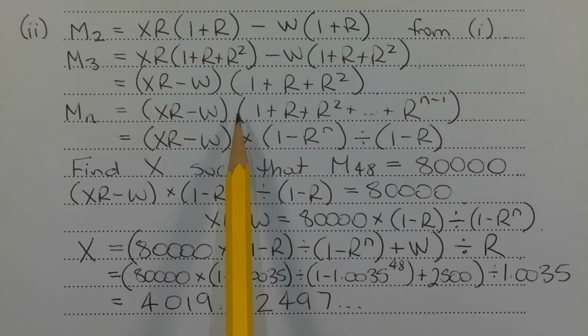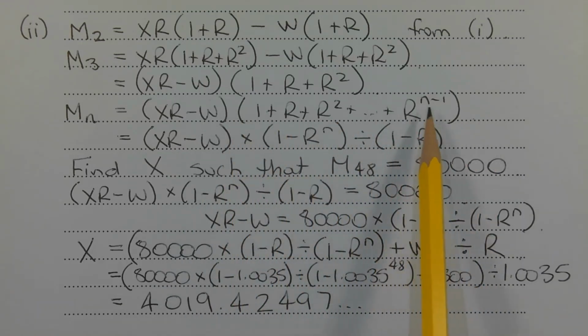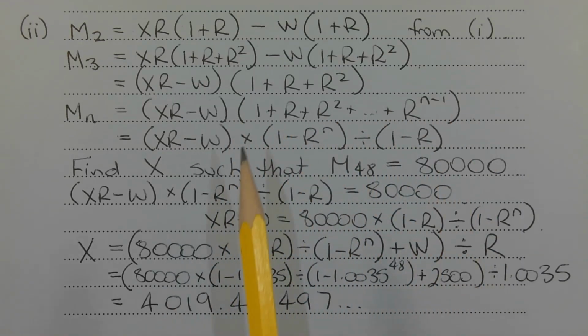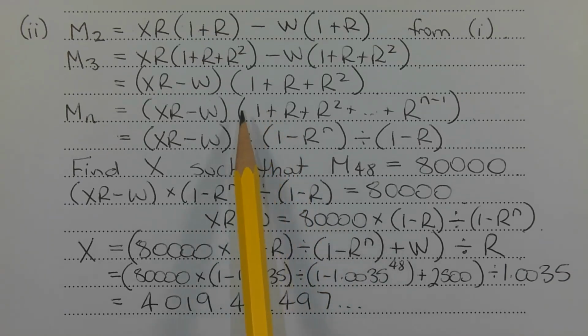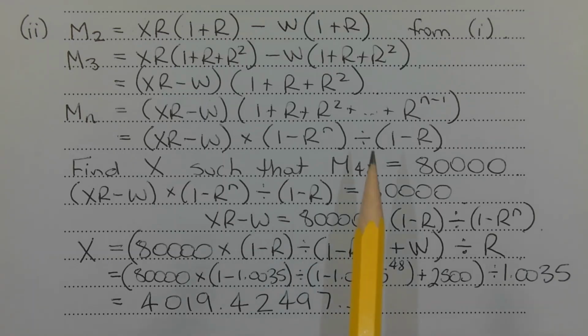Notice that we have a geometric progression in this set of brackets here. First term 1, common ratio R, and there are n terms in this geometric progression or geometric series. We can replace this series with the sum of a geometric series formula, which is (1 minus R to the power of n) over (1 minus R).